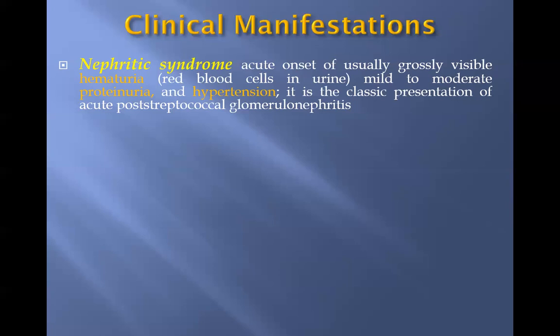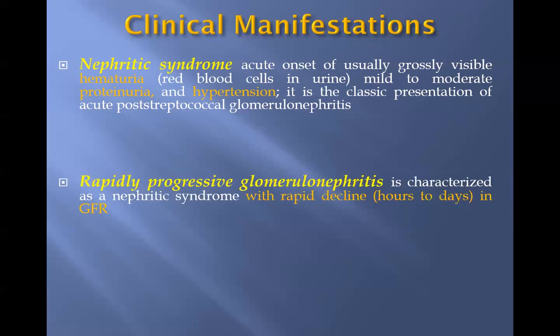And this is basically a classic presentation of post-streptococcal glomerulonephritis. When we were students like you, we were just told that this is post-streptococcal. But now we have seen that there are other diseases which can also cause such an entity. We'll discuss.